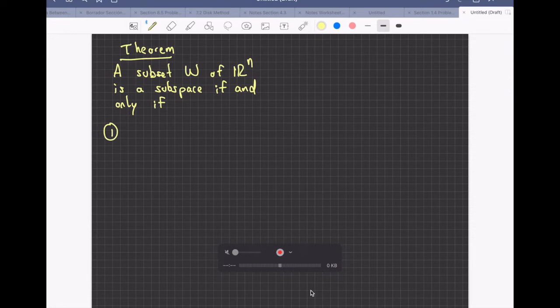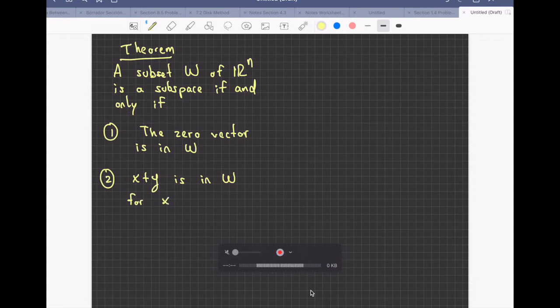Number one, the zero vector is in W. Number two, x plus y is in W for x, y in W. And number three, c times x is in W for x in W, where c is a real number.